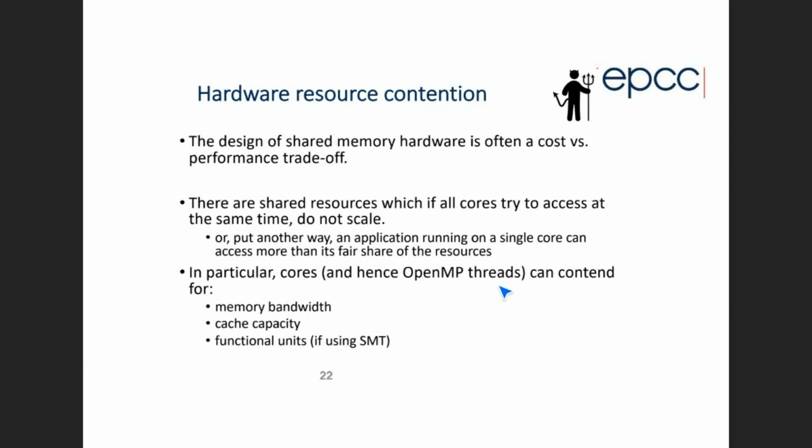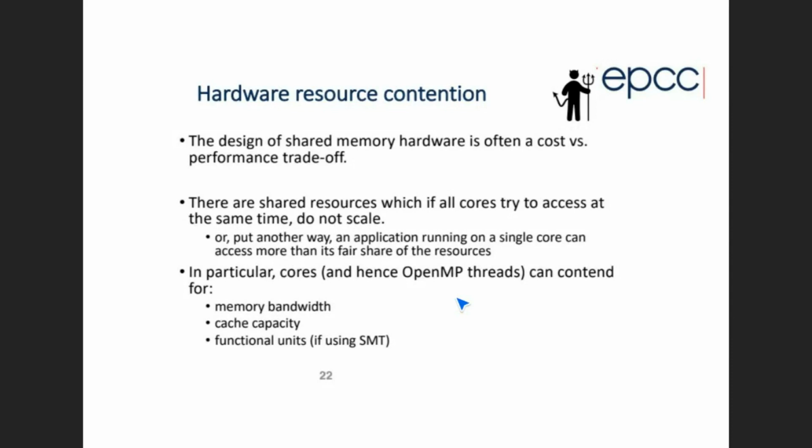The most important resources that the cores, and therefore the threads running on those cores, can contend for are basically memory bandwidth, cache capacity, and functional units.